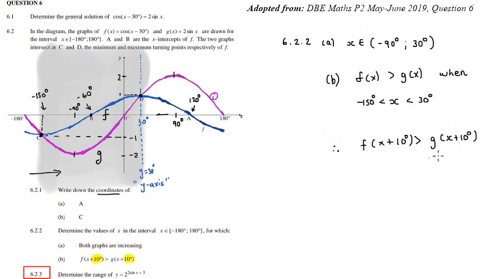So then, if we take this interval and subtract 10 degrees from both ends, minus 150 degrees minus 10 degrees is going to be minus 160, and 30 degrees minus 10 degrees is going to be 20 degrees. And that then brings us to the end of question number 6 from May-June 2019.